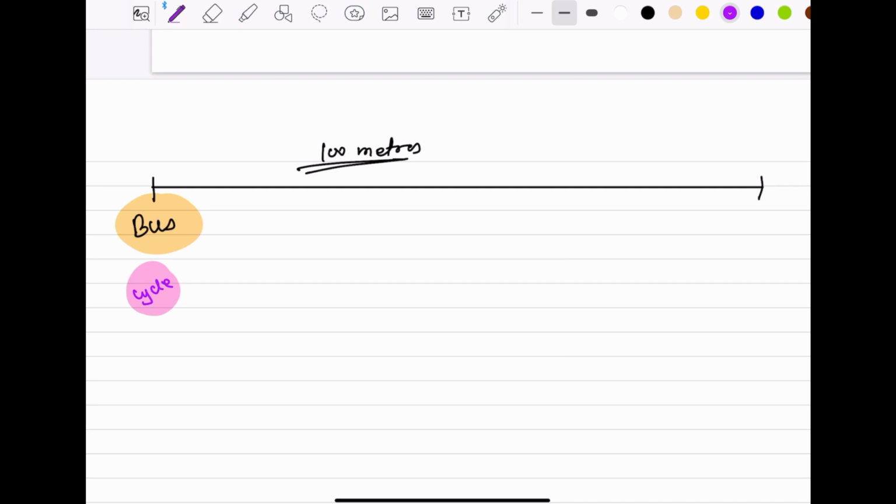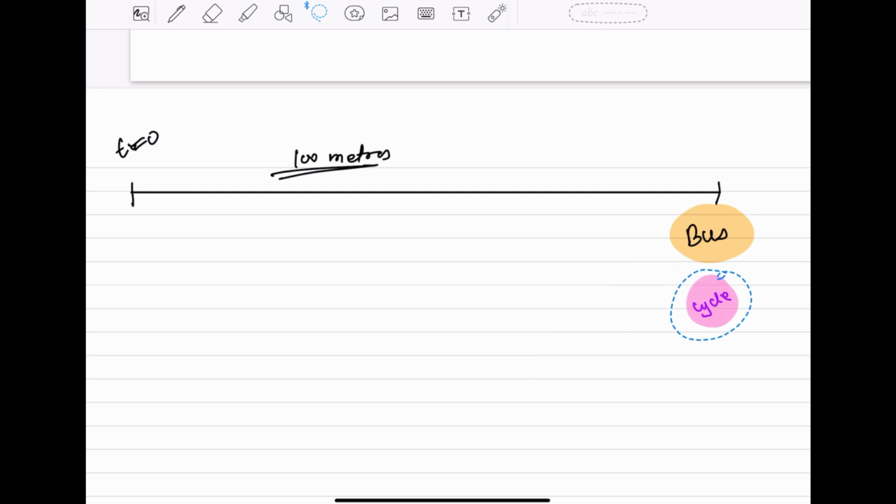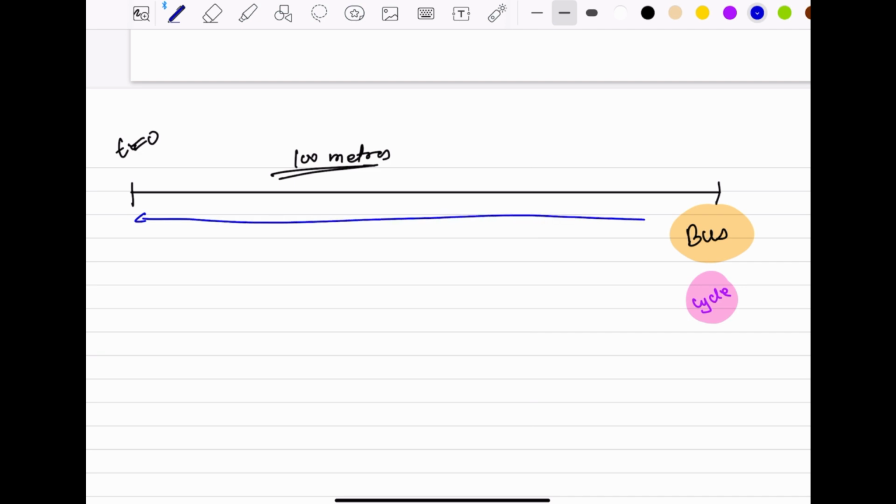This is time zero, where the bus was at the bus stand and my cycle was also at that same point. Both of them are at the starting point of this race. After some time, you saw that the bus has completed 100 meters and you have also completed 100 meters. But the bus covered this 100 meters in, let's say, 10 seconds, but you take 60 seconds to complete the same distance.